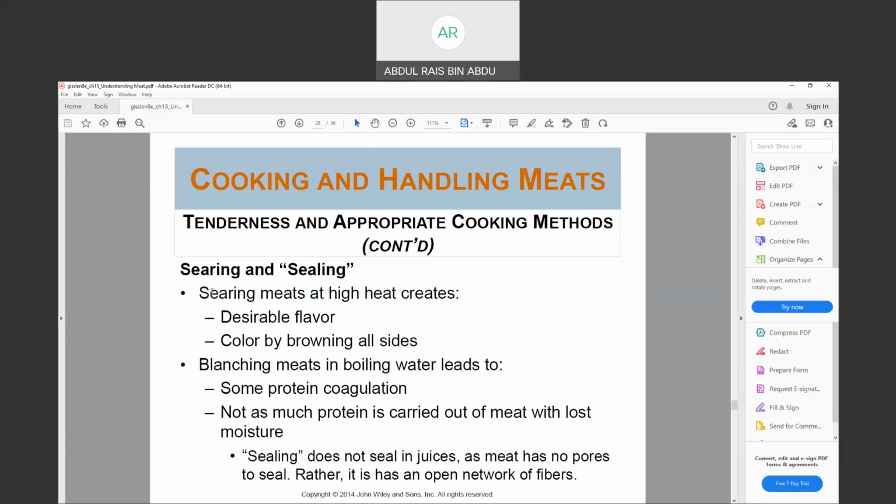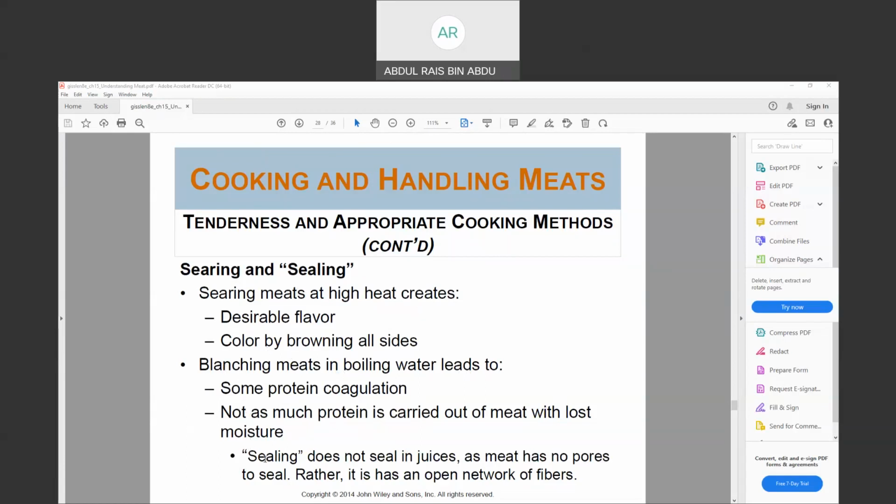Okay. Searing a meat at high heat creates desirable flavor, color, browning of all sides. Okay, searing meat at high heat creates the following effects. Okay. Juga ada kata apa? Blanching meat in boiling water would lead to some protein coagulation. Not as much protein is carried out of the meat and lost moisture.